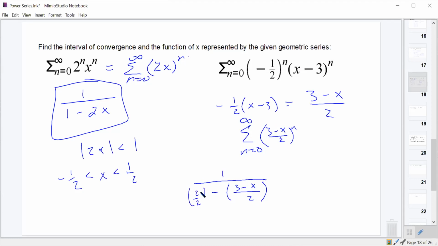We get a common denominator, multiplied by 2 over 2. So then we've got 2 minus 3, which should be a -1, and we've got a negative x. So this ought to be 1 over (x minus 1) over 2, which would be 2 over x minus 1. Everybody good with that?